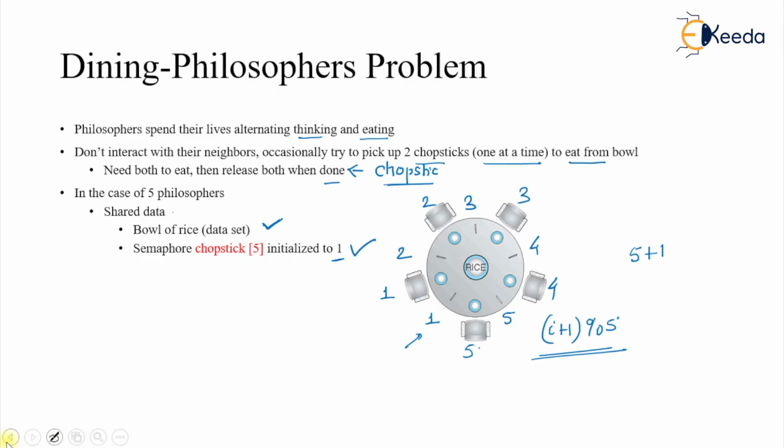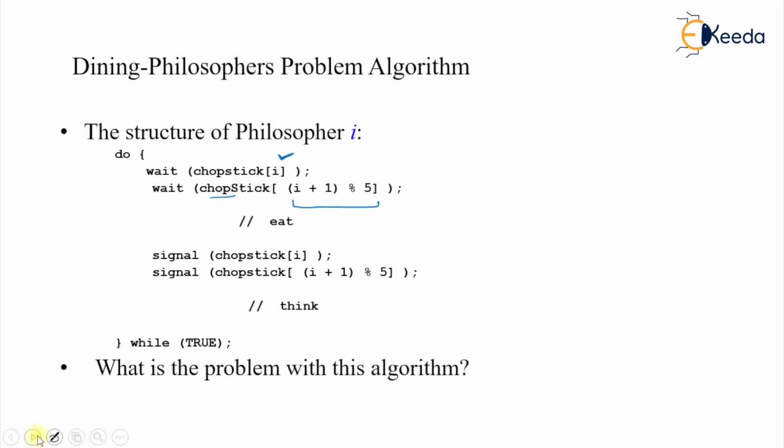Here, philosopher 1 will try to pick up its first fork, 2 will try to pick its first fork number 2, 3 will try to pick 3, 4 will try to pick 4, and 5 will try to pick 5. Then it will also wait for I plus 1 modulo 5.